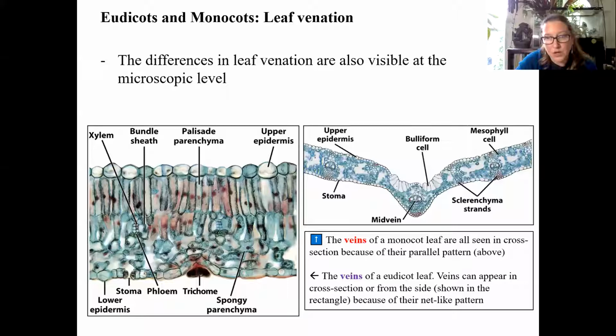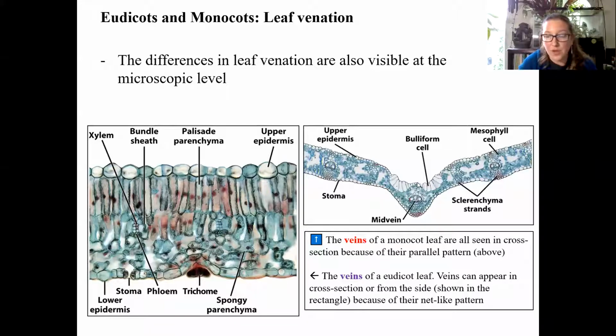Whereas if you have a leaf with net-like veins and you do a cross section through this, sure, one of these might be coming at you, maybe like this one is coming directly at you, or this one. But the ones next to it, you're not going to see them straight on. They're going to be kind of like the sides of it, things like that. So that's what this is trying to show you here.